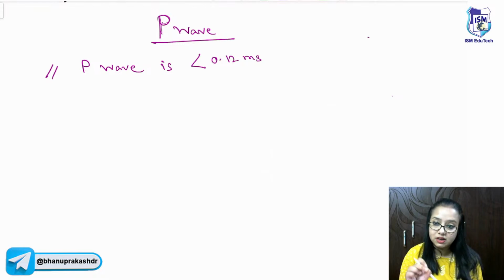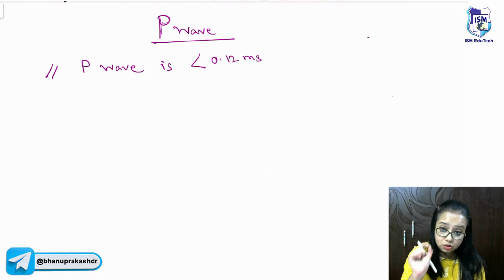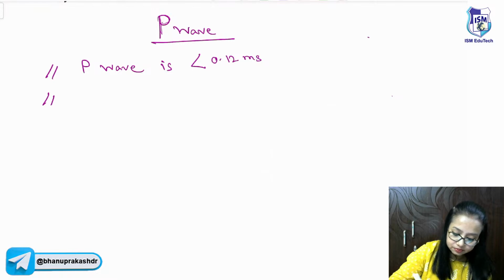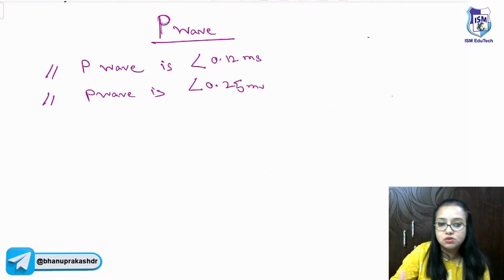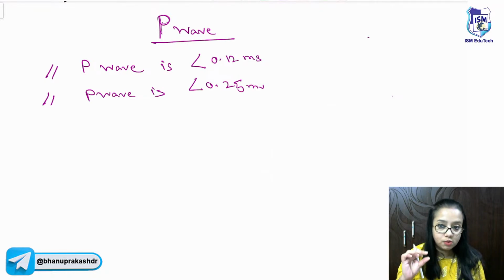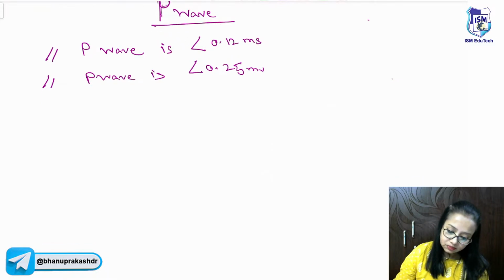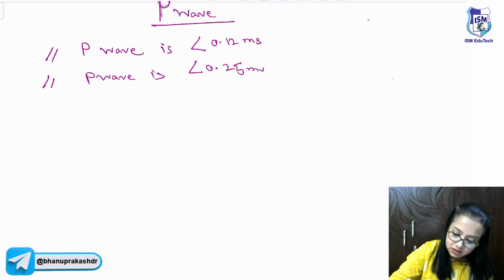Horizontally, it will occupy just a little more than one small box. And the P wave is less than 0.25 millivolt, so it will occupy about 2.5 small boxes vertically upward.